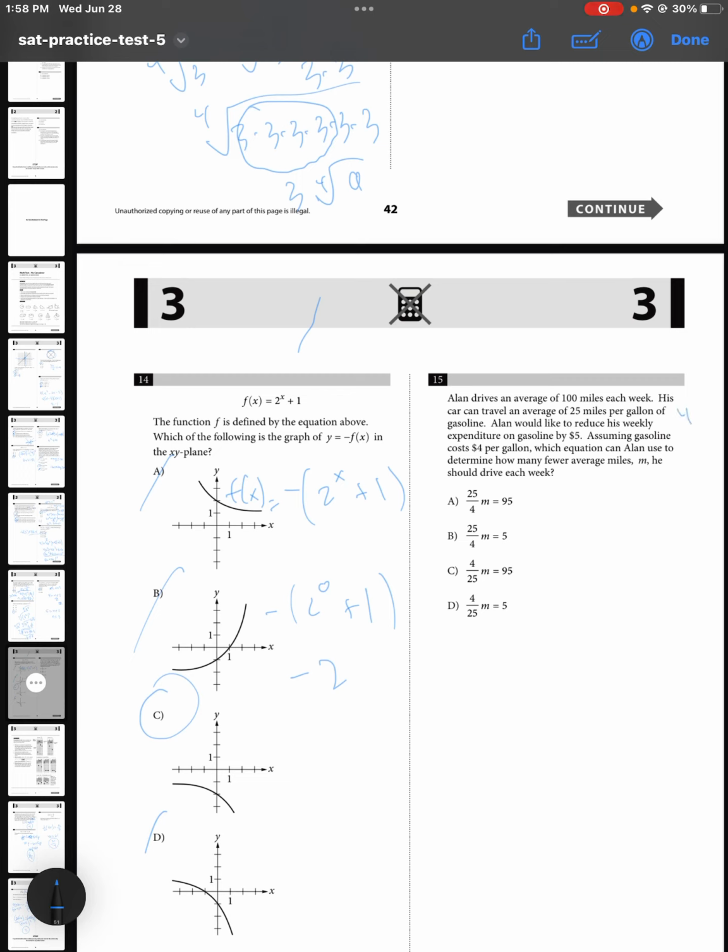To go 100 miles, he would need 4 gallons. So he usually spends $16 a week. He wants to bring that down to 11.